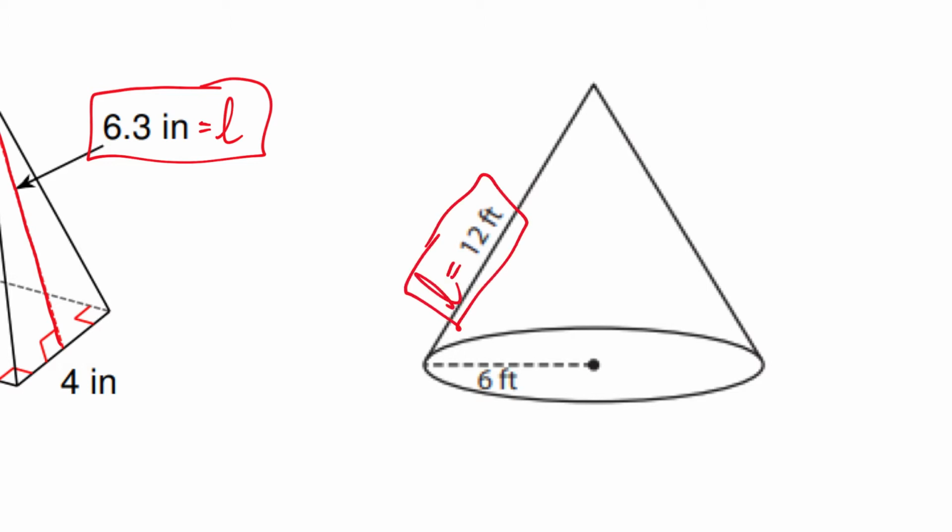The 12 would be the slant height for this one. Again, and we'll see this as we go through today, going straight up from the top down to the center would be the height. The 12 is the slant height.